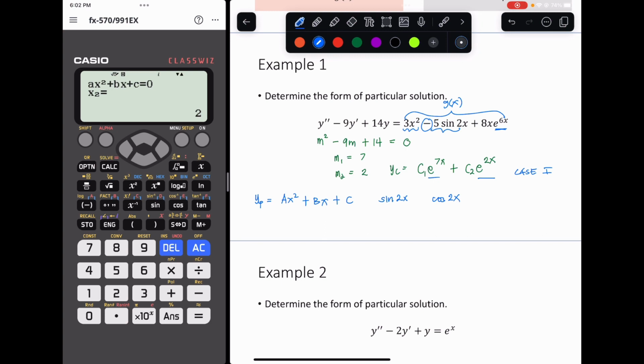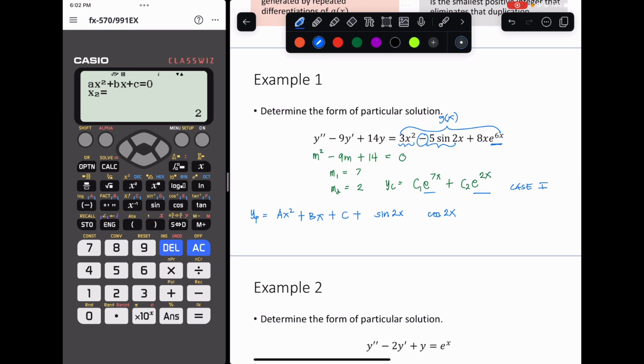All of our terms in a particular solution should be positive. However, when we get the values of a, b, and c, it's possible that they would be negative. But for our trial particular solution, everything should be positive. Since we're not using d, I'm going to add plus e, and then this one would be plus f. So ax squared plus bx plus c plus e sine 2x plus f cosine 2x.